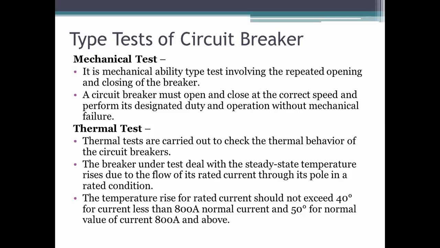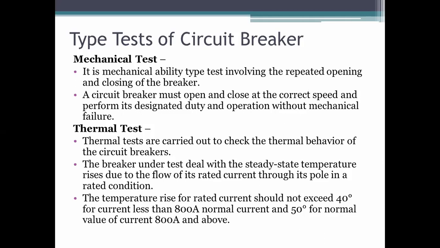Then the second test is the thermal test. Thermal test means we are checking the temperature here. We know that when the arc is produced, very high heat is developed.